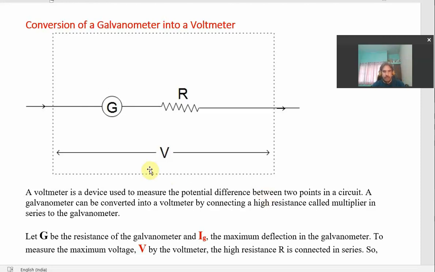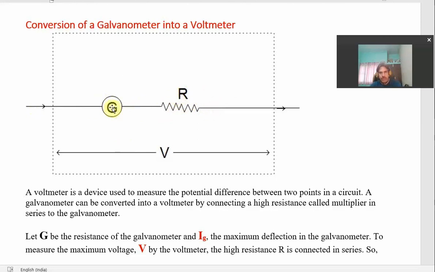Because for the given value of potential difference, there will be some certain value of current that will pass through the voltmeter, or we can say the galvanometer combined with the resistance R. So we require the resistance of this arm, the voltmeter, to be high. For this we connect a resistance, which we write as R, in series with the galvanometer.